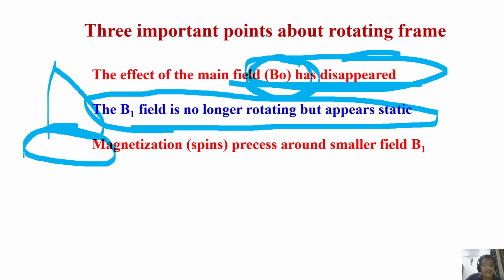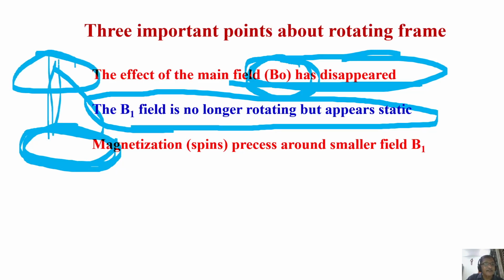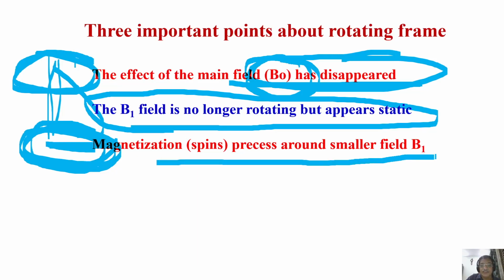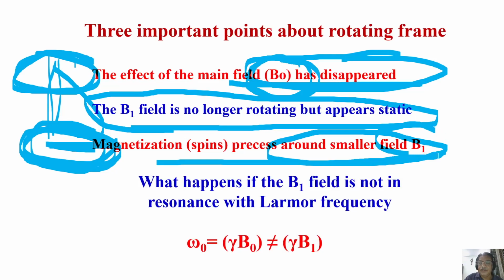In this case, the spins start rotating in this XY plane. So this is a small field compared to the main field. Now the spins are rotating along this axis, and this is a static field. This is called the B1 field, this is the B naught field. This is of the order of several Tesla, this is of the order of a few kilohertz, a very small value. So the magnetization now precesses around the smaller field B1 instead of the bigger field B0.